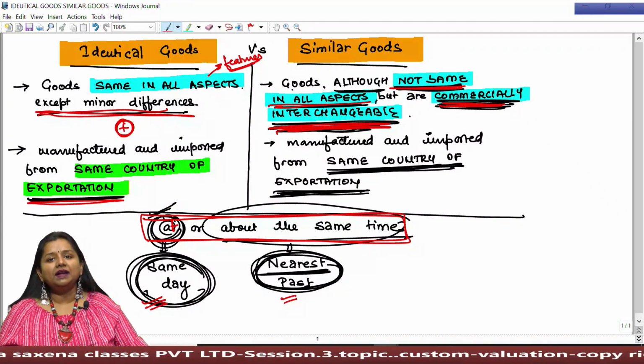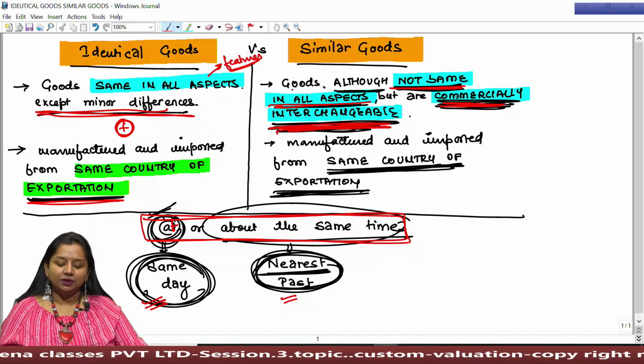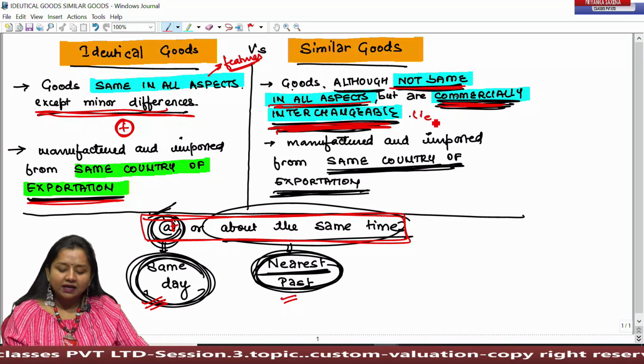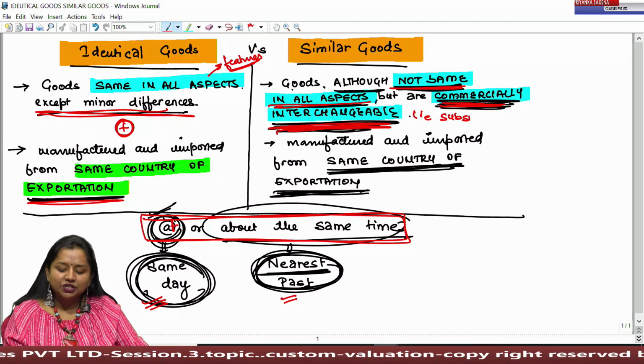Now, what do you mean by commercially interchangeable?